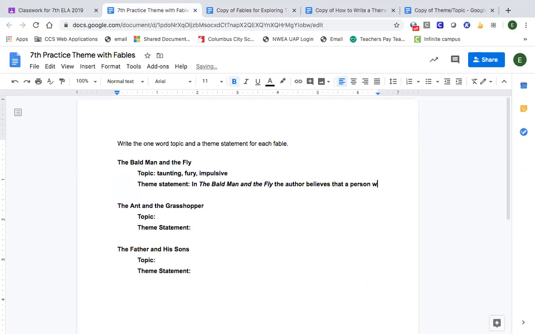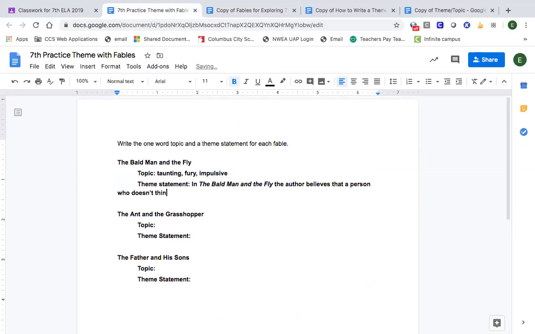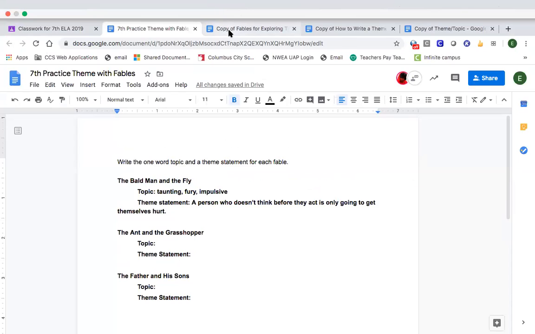A person who doesn't think before they act is only going to get themselves hurt. And then we just delete all this. A person who doesn't think before they act is only going to get themselves hurt. Yeah? Okay. Well, that didn't take us very long.